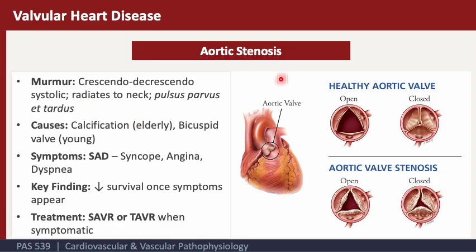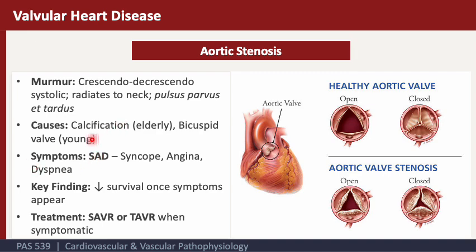So in aortic stenosis, this is usually on the aortic valve, and this is a cartoon depiction. The aortic valve has 3 cusps, and with the stenosis, you usually start getting calcification on the different cusps.